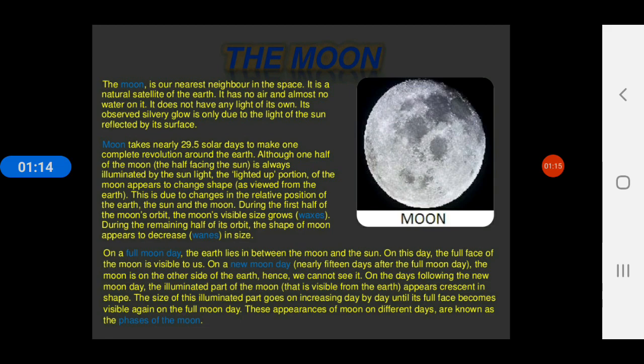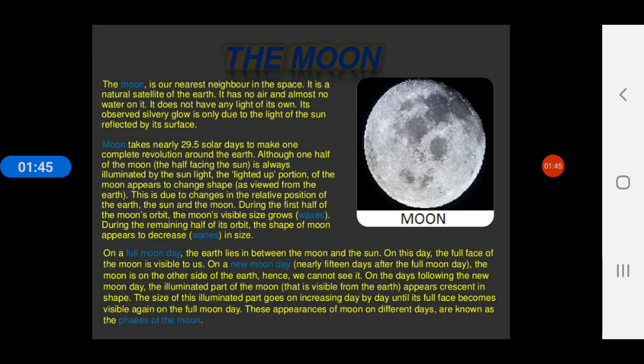Although one half of the moon is always illuminated by the sun's light, the lighted up portion of the moon appears to change its shape as viewed from earth. It should be clear, children, that the size of moon is not increasing or decreasing, because half part of the moon is always illuminated and half part is always dark.